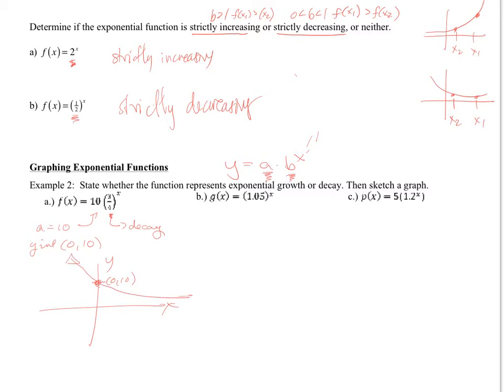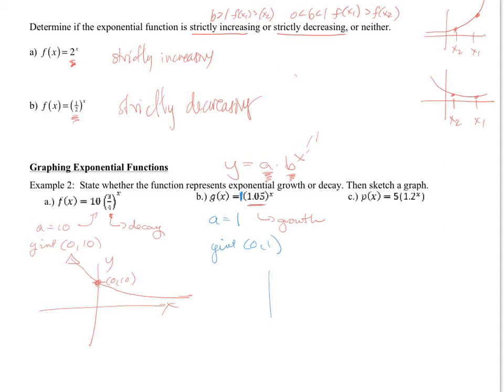In the next example, you see that b is greater than 1. So this implies that we're dealing with exponential growth. Now, what is the value of a? Well, it's not explicitly written, but we know it to be 1. So a is equal to 1. So this exponential function is going to have a y-intercept of 0, 1.